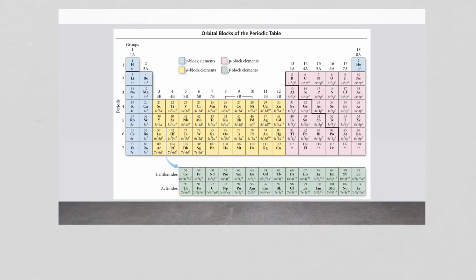So as you go across, you're adding electrons to an S block, a P block, etc., to some energy level, whether it's the second energy level, the third energy level, etc. As you go down, the valence electrons are getting further and further away from the nucleus. So your valence electrons go from the second energy level to the third energy level to the fourth energy level, etc. So we're going to look at trends going across and trends going down.